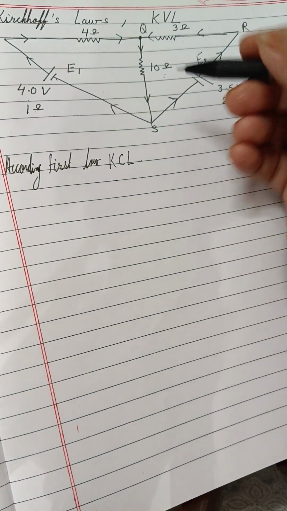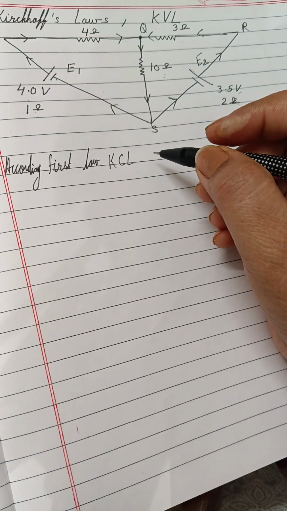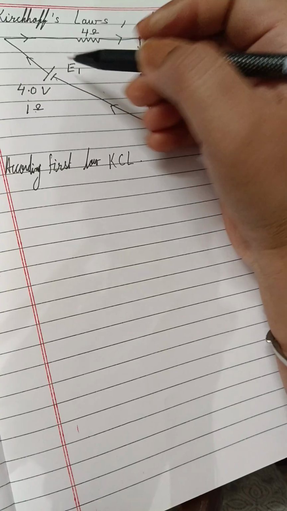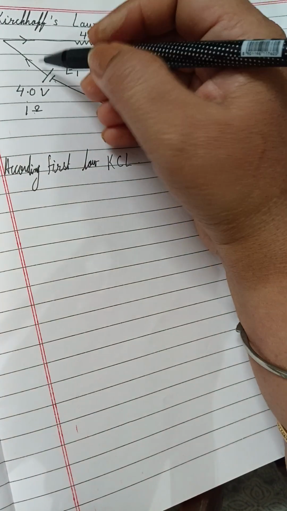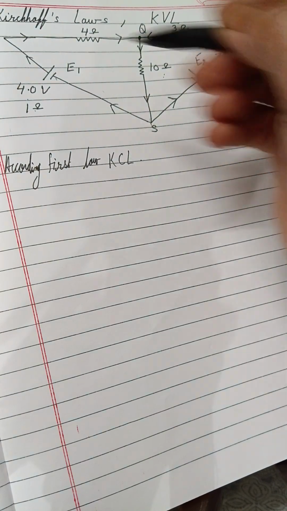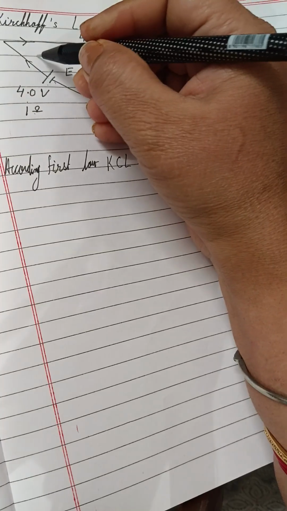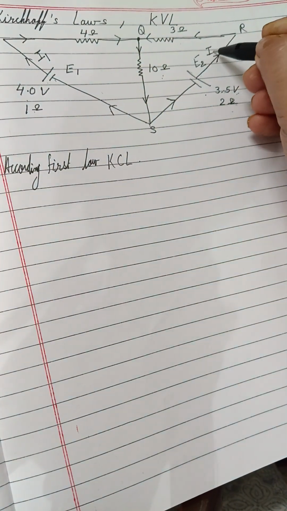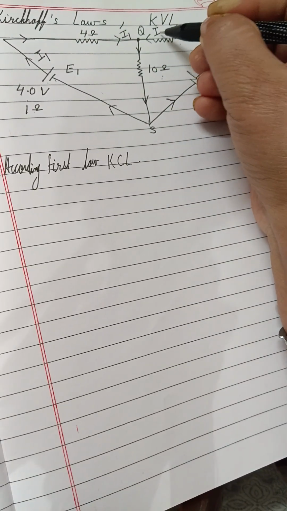When you apply the first law, you can see that Q behaves like a junction, and we can give names to the currents. Let's suppose this one is 4 volt, this one is 3.5, so this one is more than this one. So I can write this one is I1 and this one is I2.